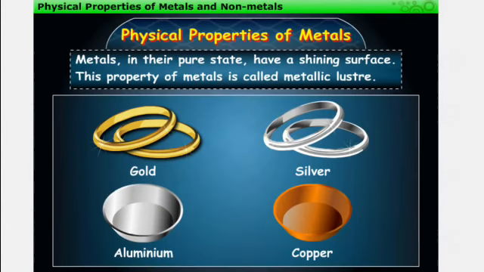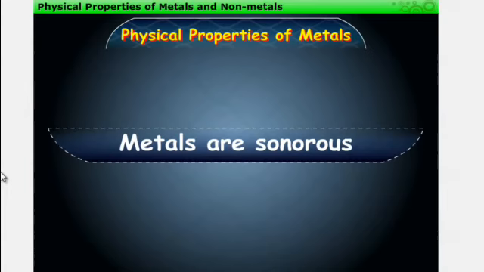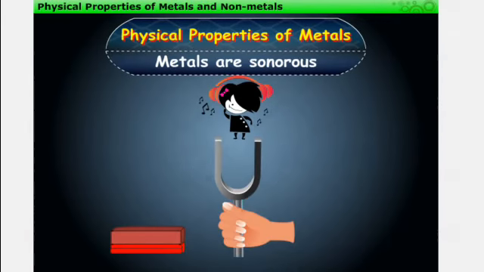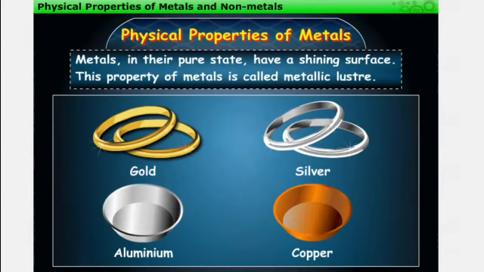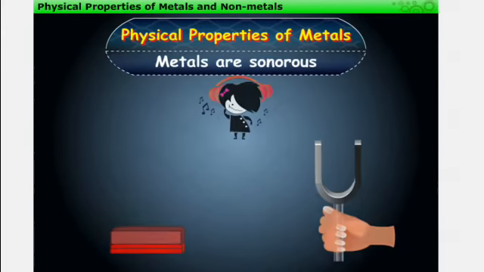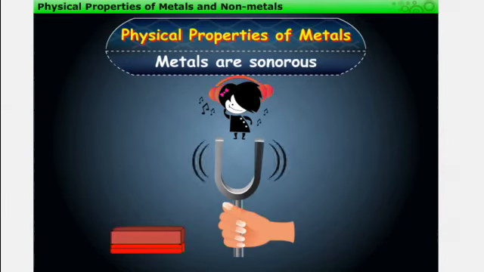Common metals used are iron, copper, silver, gold, lead, zinc, aluminium, magnesium, nickel, chromium and mercury. Similarly, the common non-metals used are nitrogen, oxygen, hydrogen, carbon, sulfur, phosphorus and chlorine.